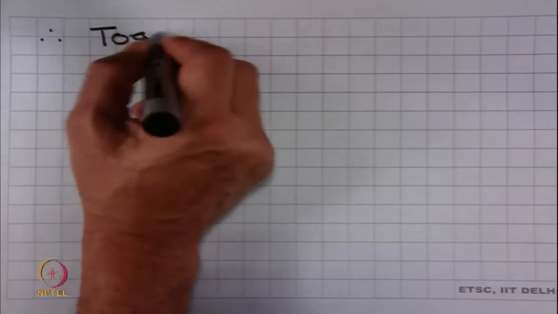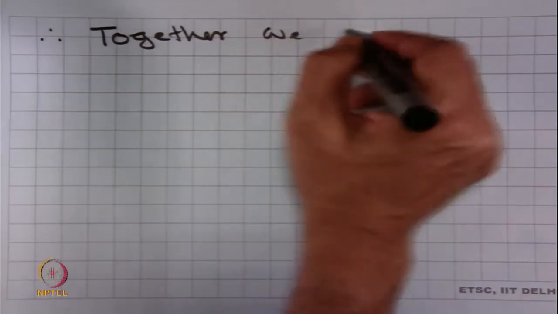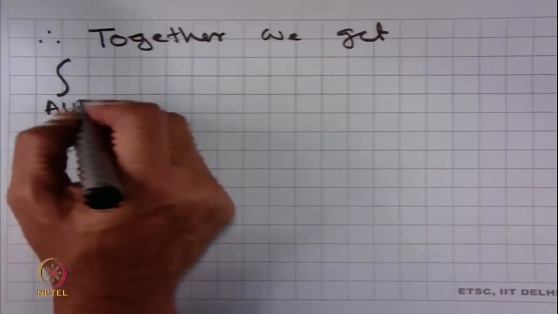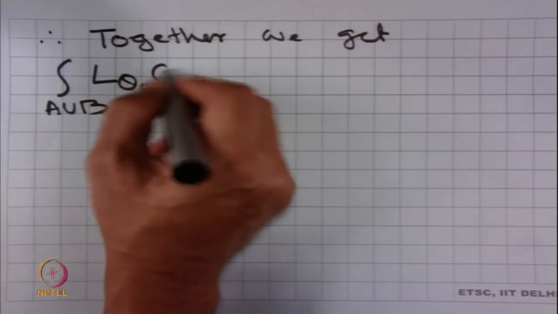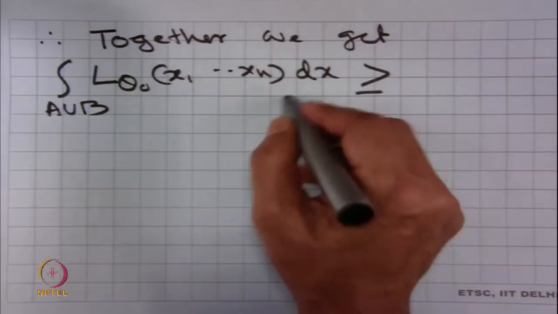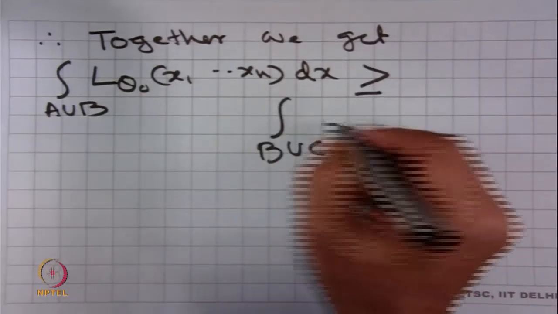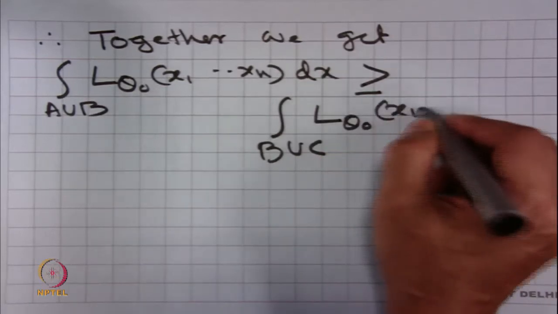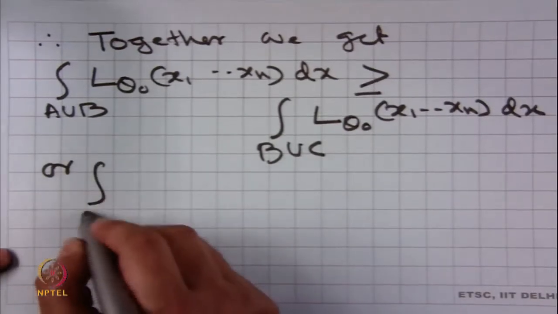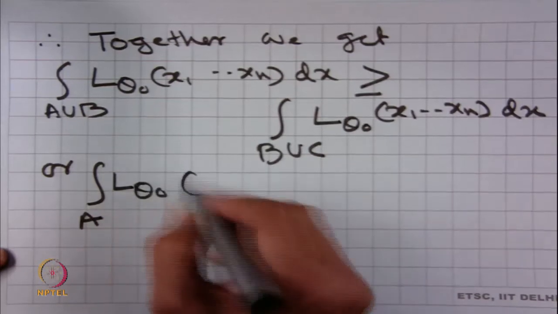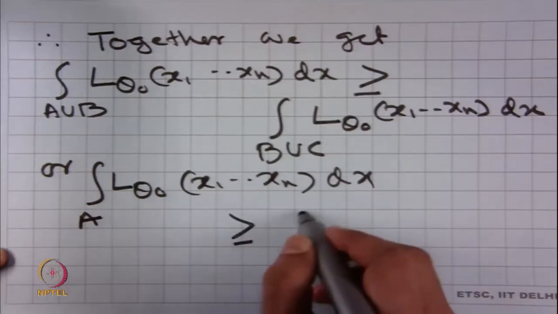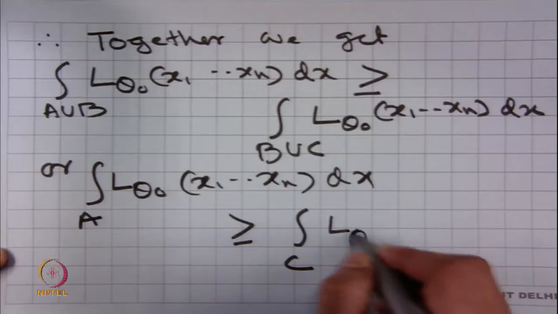Therefore, together we get integration over A union B of L theta 0 of x 1, x 2, ..., x n dx is greater than or equal to integration over B union C of L theta 0 of x 1, x 2, ..., x n dx, or integration over A of L theta 0 is greater than or equal to integration over C of L theta 0.